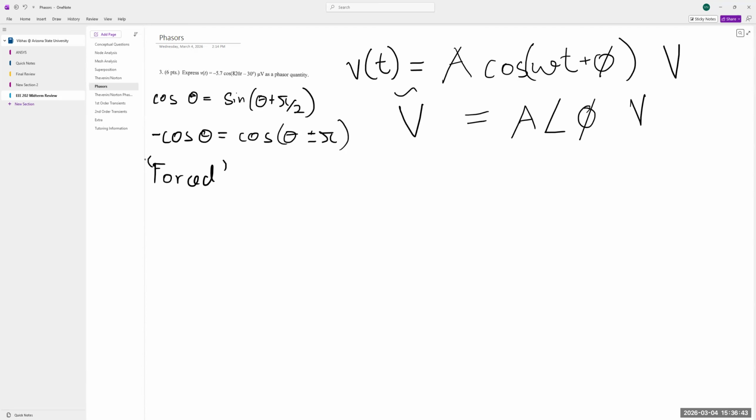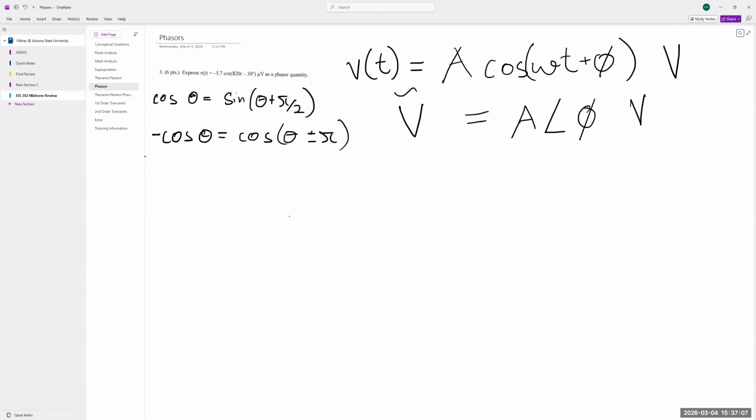A forced answer is basically what it's going to look like at steady state. Steady state means after the circuit's been left running for a long time. So if your circuit has any AC sources, so a cosine wave, you might want to use phasors to solve your circuit because it makes solving the circuit much easier.